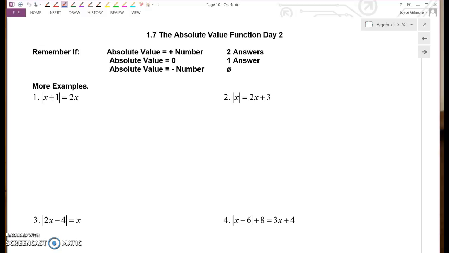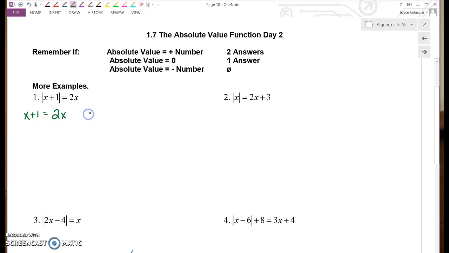It's kind of hard to think about being 2x units away from 0, but I want you to remember the pattern that we followed previously. We're going to set up two equations. The first equation is x plus 1 equals positive 2x. Notice I wrote it without absolute value bars.